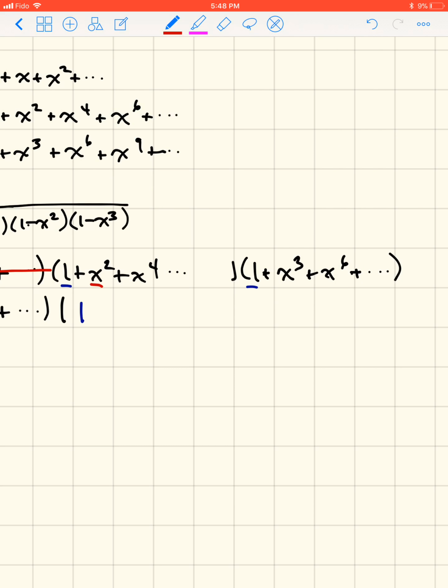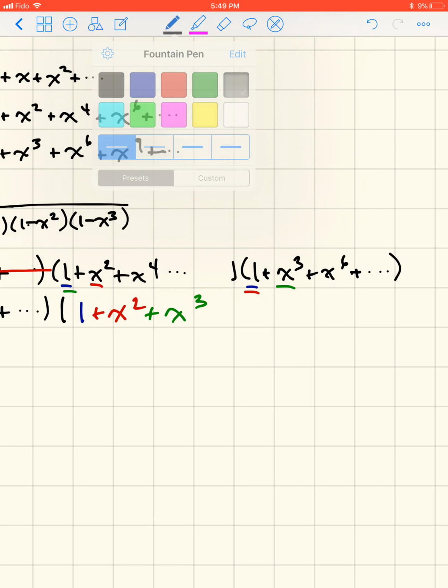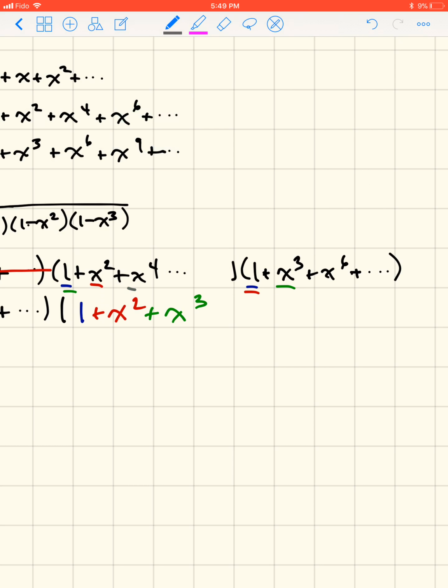X squared, there's only one way, x squared times the 1. For x to the 3, there's only one way, x3 times the 1. For x4, the only way is x4 times 1. There's no way to get an x5. We can get an x6 by x6 times 1. So there's only one way to do that.